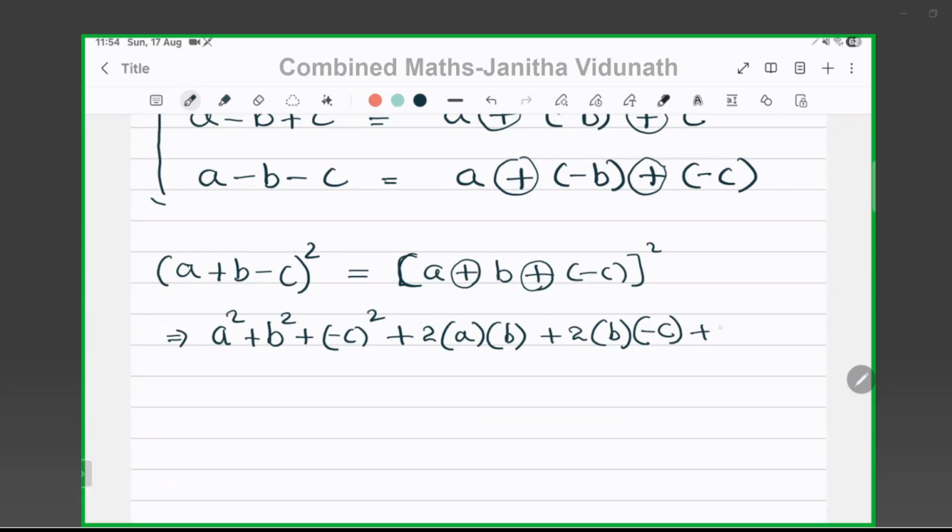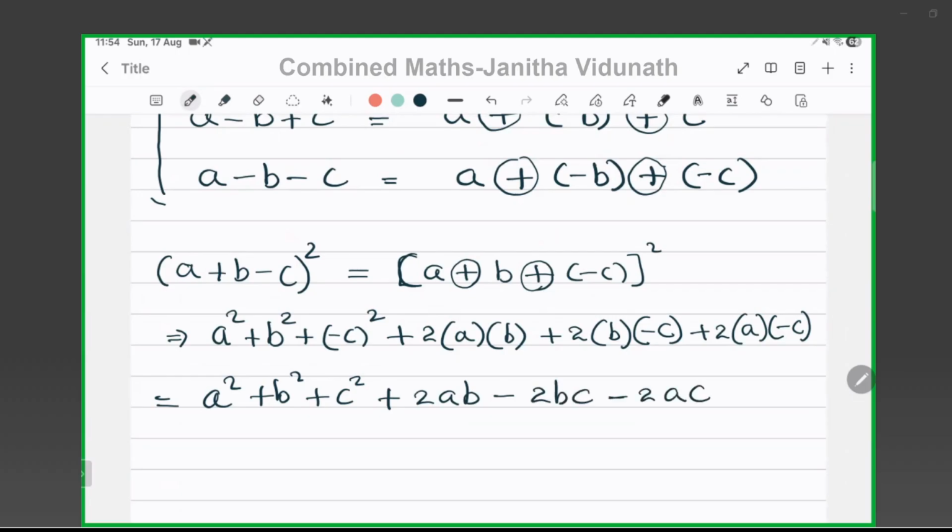Then plus 2 times first term and the last term. Then we get a square plus b square plus c square plus 2ab minus 2bc minus 2ac. This is the final answer of the expansion.